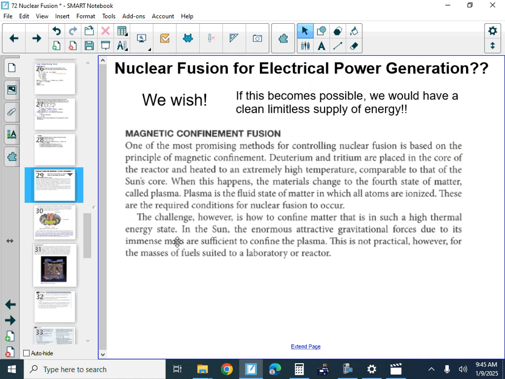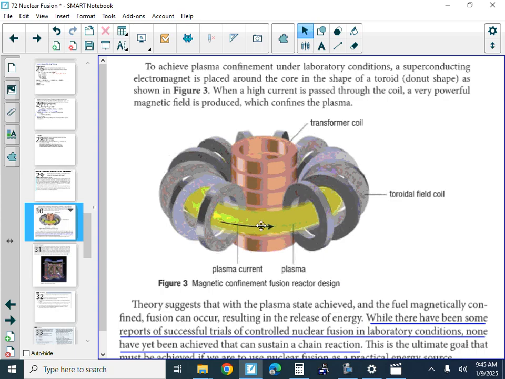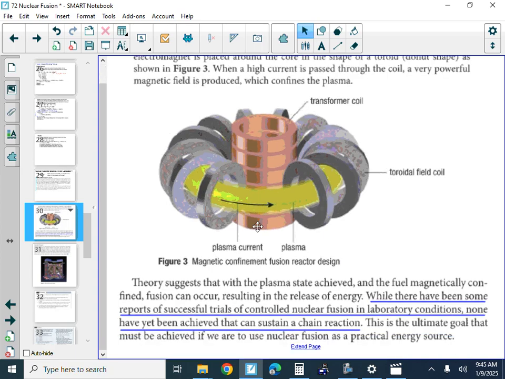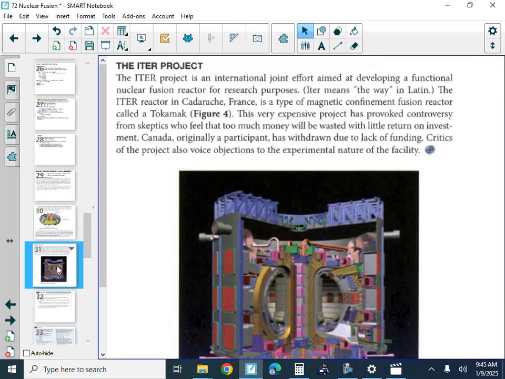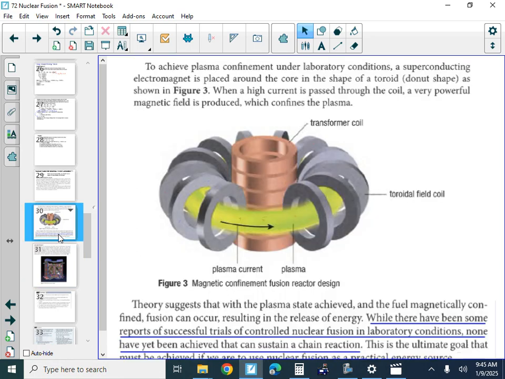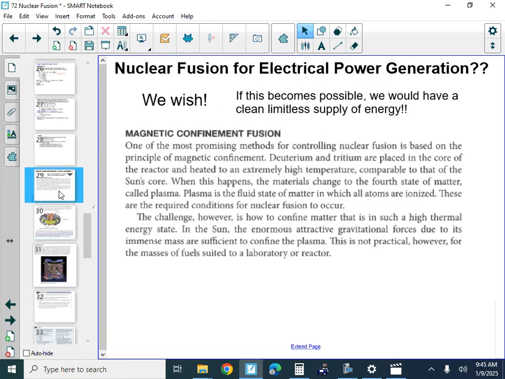So they've managed to make fusion happen, but you use more energy in the process to make it happen than you manage to harvest out of it. And by harvest, I mean actually manage to use the energy to do something. It's never been sustained. You can't do it yet, basically. So they're trying, but it's widely thought that it's going to be very difficult to achieve. There are different processes here.